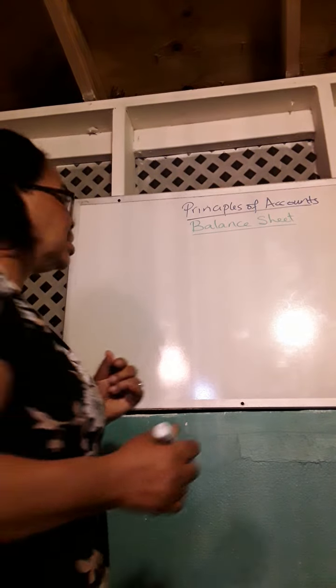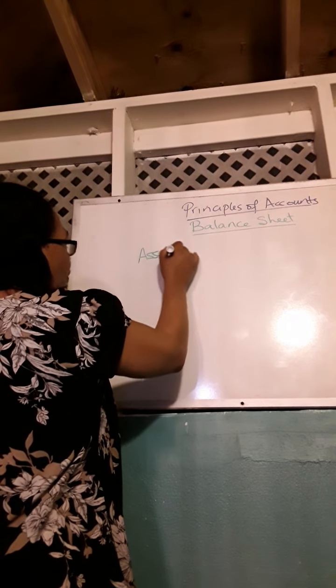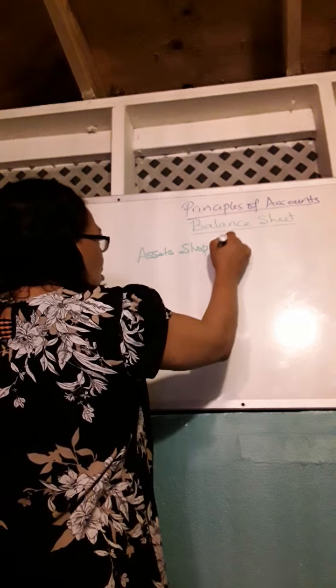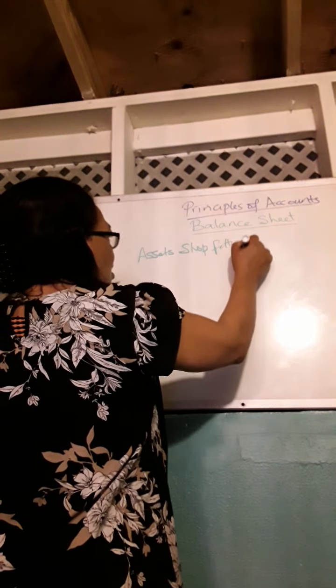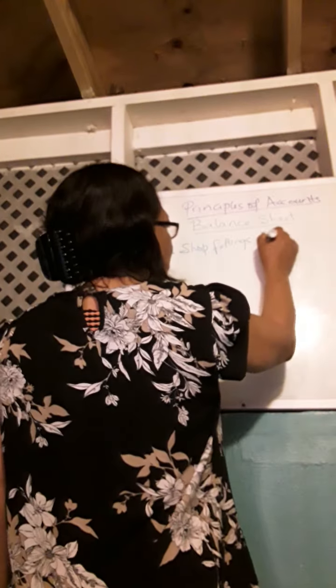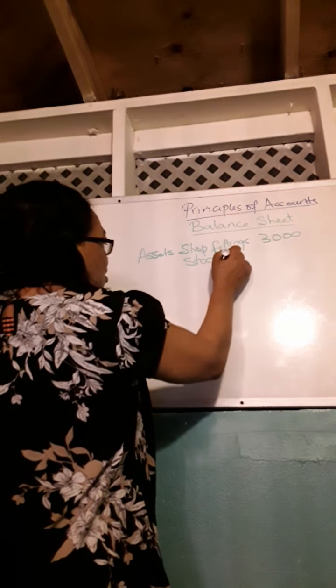So, here are some assets that I have. I have shop fittings of $30,000. I have stock of goods. These are all my assets.